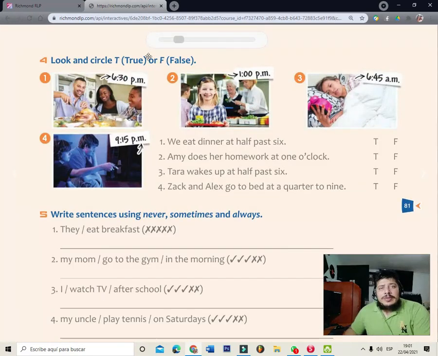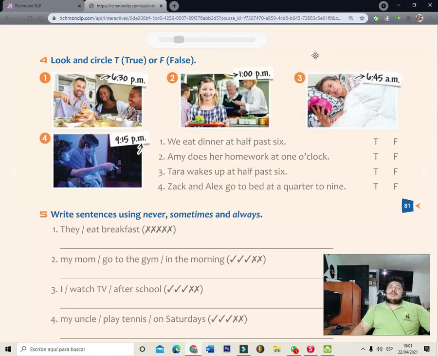Okay, this is exercise number 3. If we go to the next page, we will find exercise number 4. Look and circle T for true or F for false. So number 1, we can see here a nice picture with 3 persons, and there's a clock, 6:30 p.m. Number 2, we can see a little girl smiling, and something is happening in that picture.